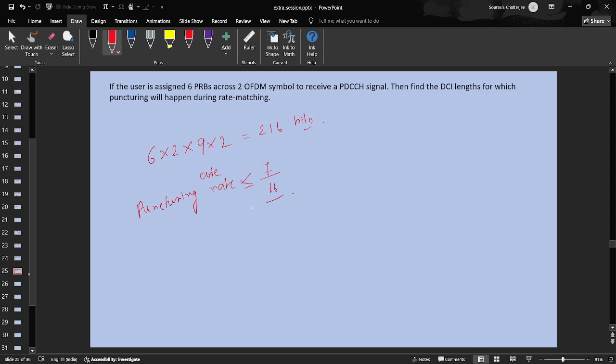If it is greater than 7 over 16, we go for shortening. Let us assume the unknown DCI length to be x. So x plus 24 divided by 216 is my code rate, and that should be less than 7 over 16. So x plus 24 should be less than or equal to 7 into 216 divided by 16.